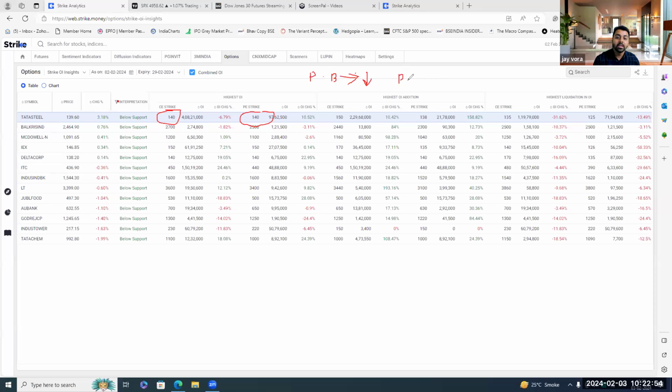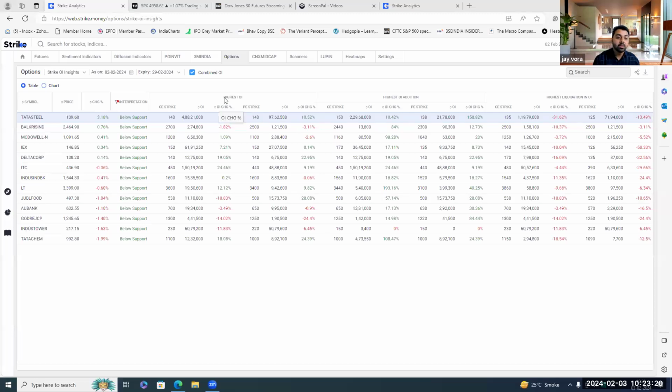But the put seller will be expecting that the prices will not go below a particular strike price. Okay. Which means that if there is the highest open interest on the put side, it will normally act as a support, because people think that the prices may not go below that support zone. Okay.